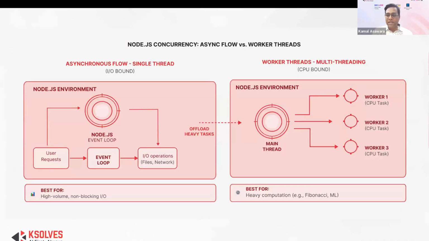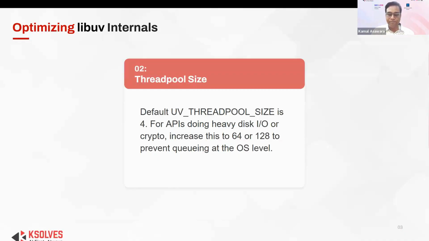This picture clearly shows a normal asynchronous, non-blocking request. For that, your event loop is good. But heavy CPU intensive work you should hand over to a worker thread. We will see an example at the end of this webinar.